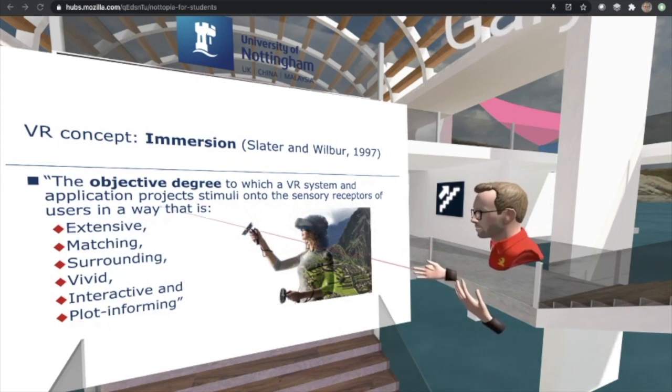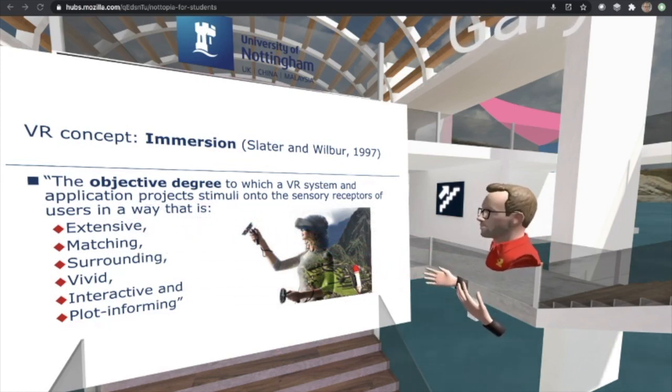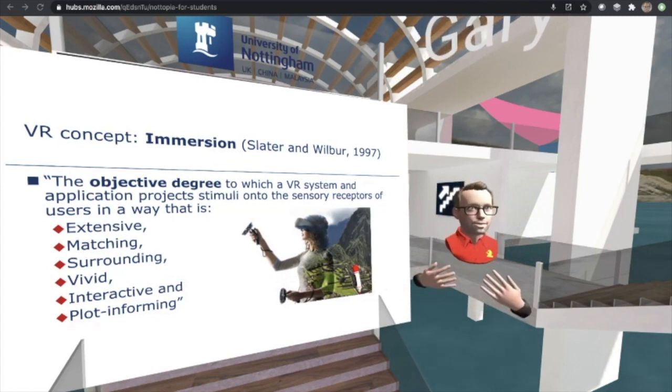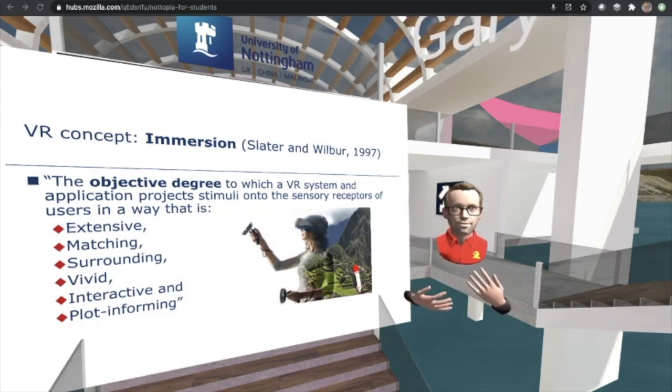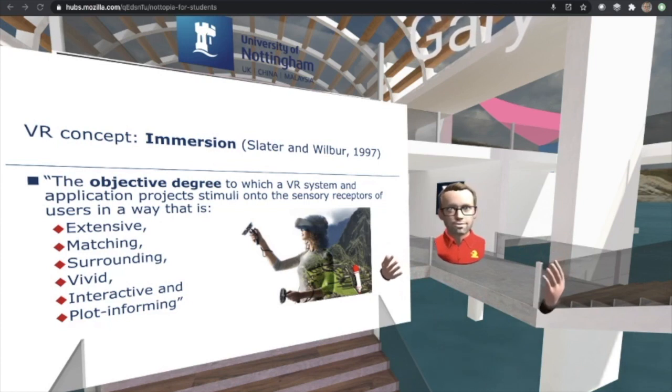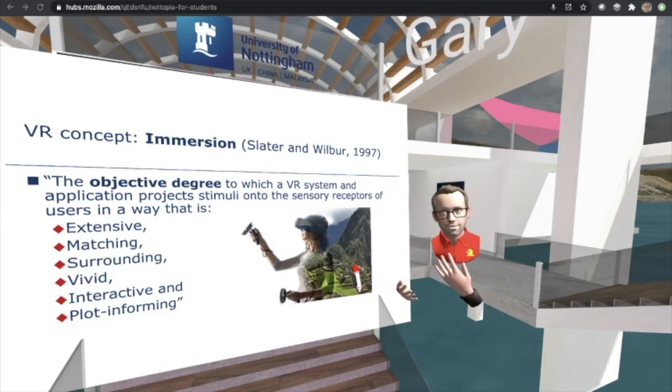The key thing here is that immersion is objective, which means it has a degree of reality. It's observable, and often that will mean it's also quantitative as well.